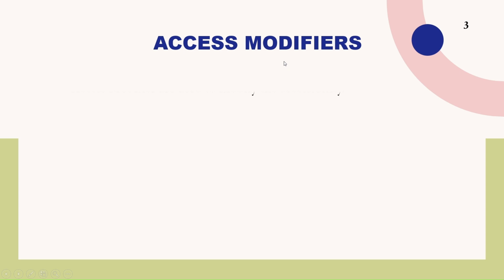The access modifier. Access modifiers are used to modify the accessibility of your method, your variables, your constructor. You can provide the accessibility of your method, variables, and constructor. That is called the access modifier. How to access your method.